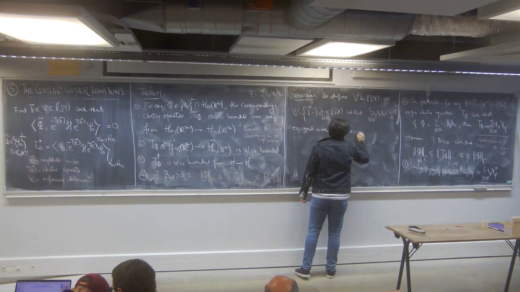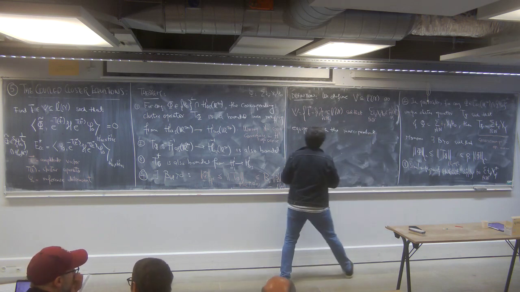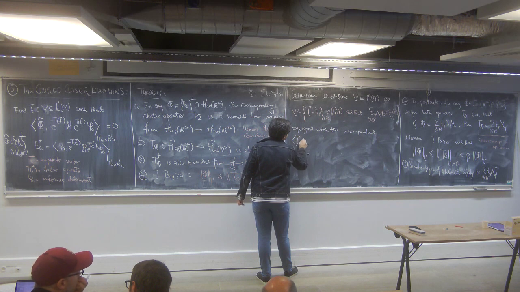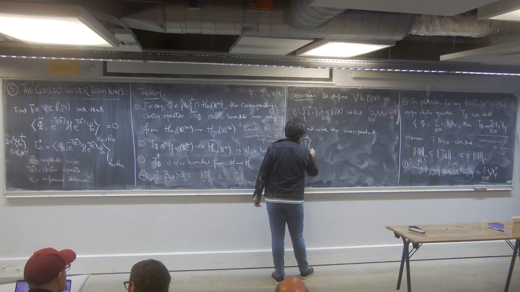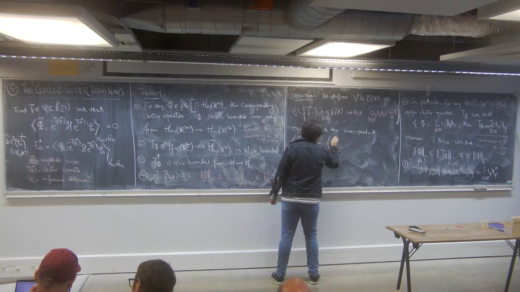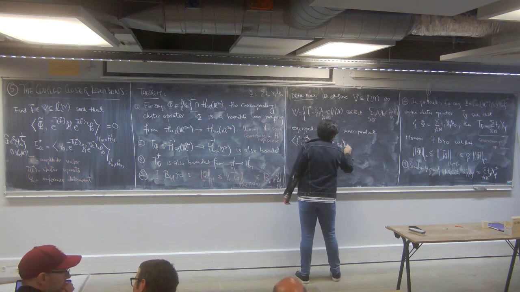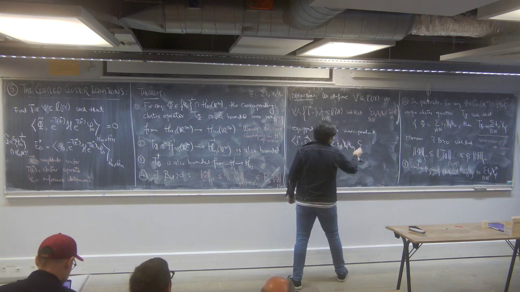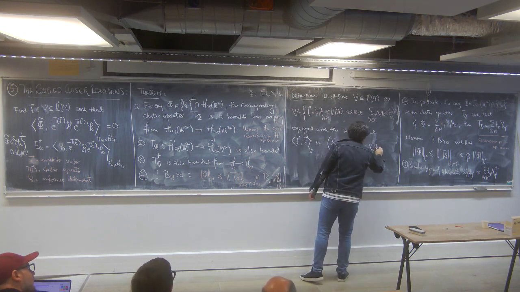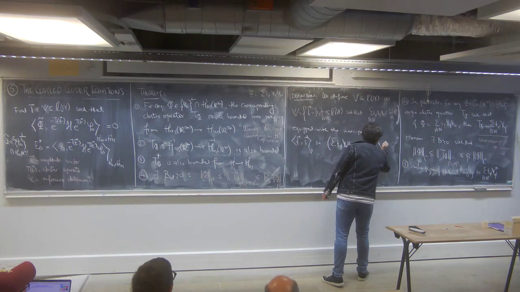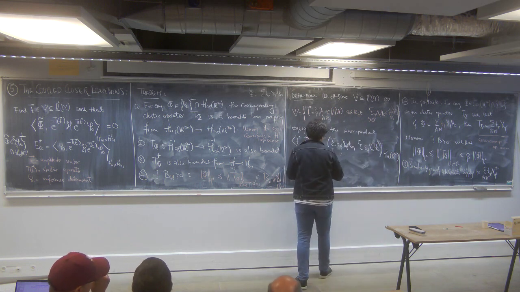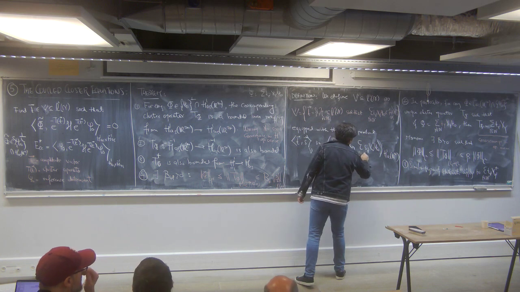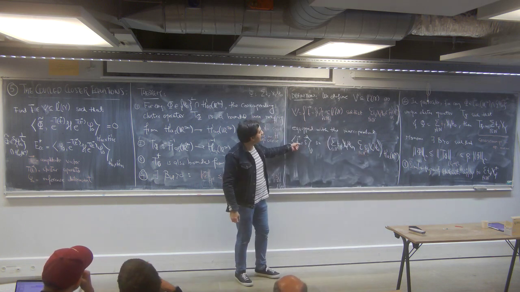And it has a very natural inner product, which is, if I have any two sequences T and S in V, then I take the inner product between the wave functions constructed from S and T. So I have two vectors, T and S, in this Hilbert space.